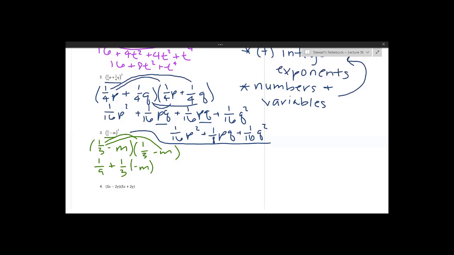The inner, it would be negative m times 1/3, so we have plus 1/3 negative m. And then last is negative m times negative m. Okay, so 1/9 can stay.